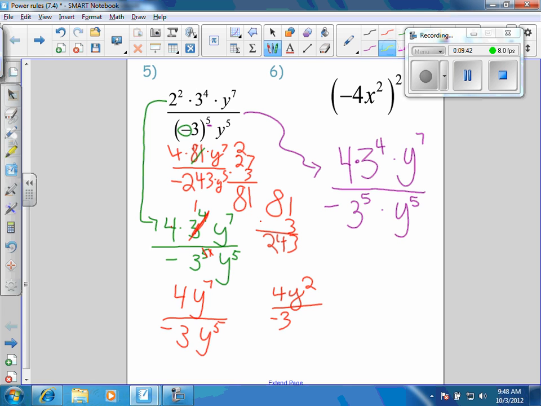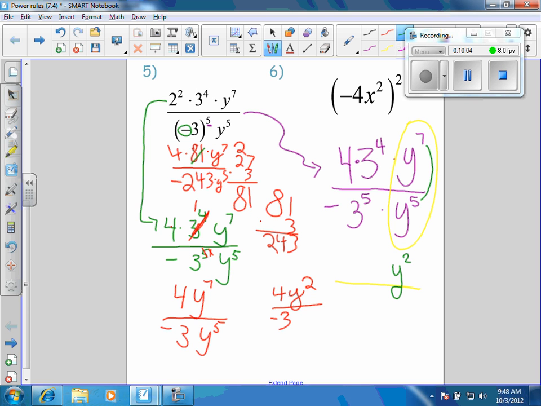Now we're back to that situation where we have the same base. So y to the 7th over y to the 5th. There's more y's in the numerator. So how many are going to be left in the numerator? 2, because we could subtract exponents there. So we just have y squared.